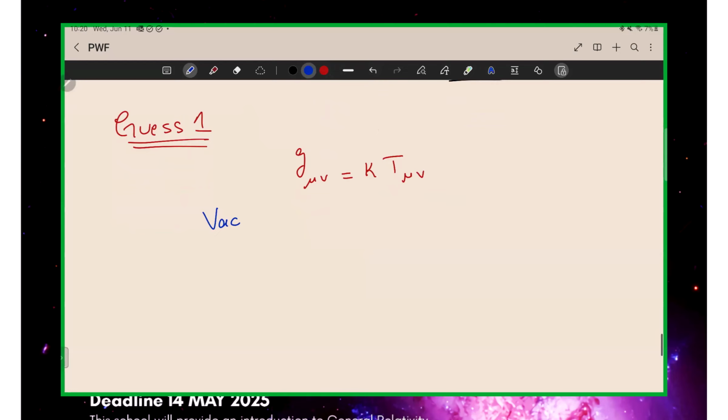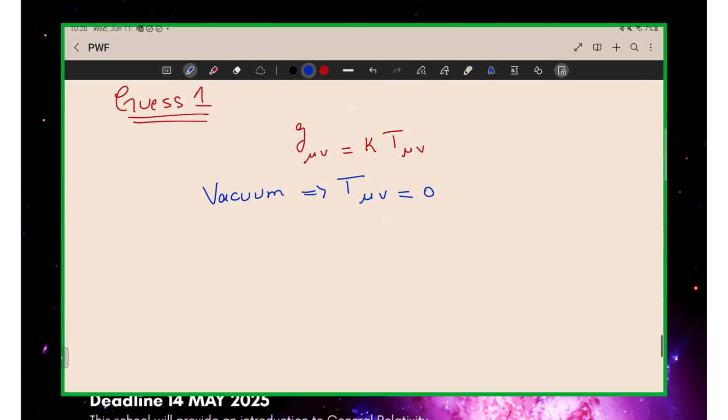So vacuum means that there is no energy, no mass, no momentum in it, which means that T mu nu is zero, right? In this particular scenario, you expect the space time to be flat, which means that you have a flat metric tensor. So you expect that G mu nu is just eta mu nu, which is the flat space time.